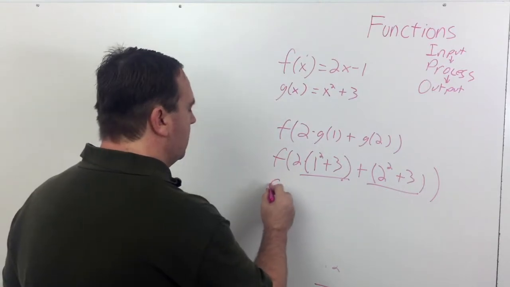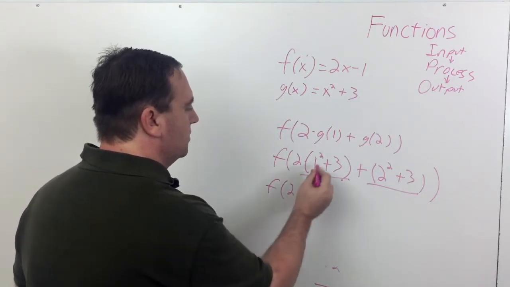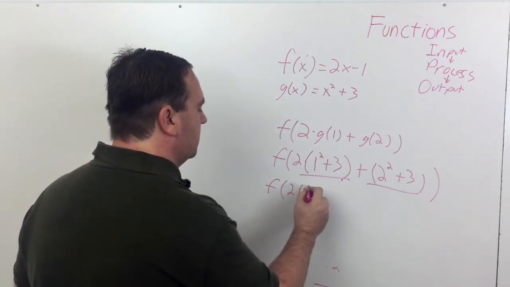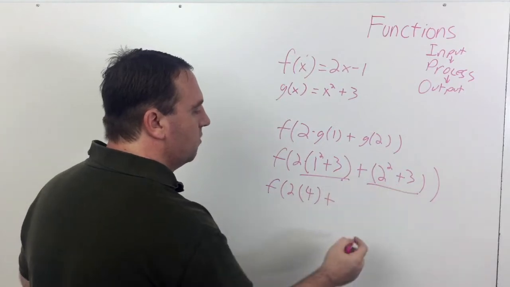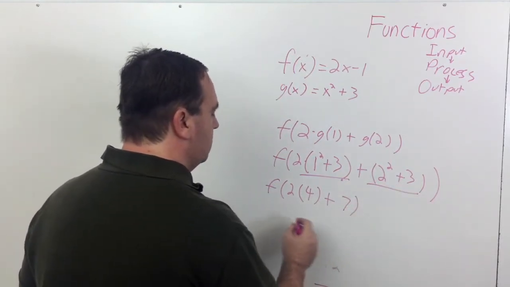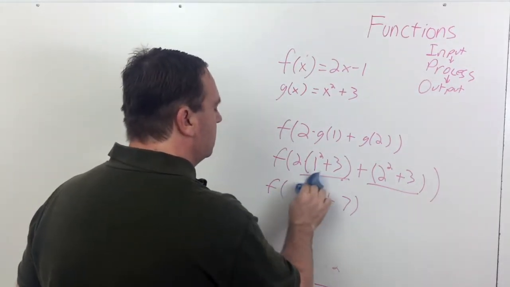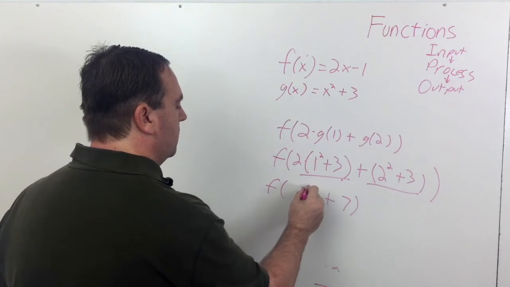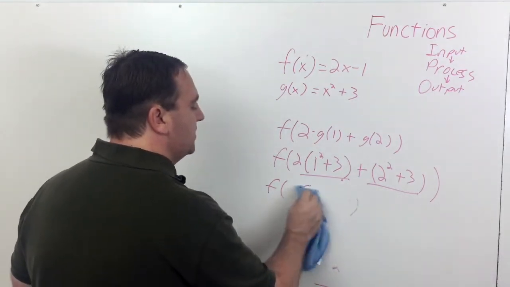So then we say f of 2 times, so 1 squared is 1 plus 3 is 4, plus 2 squared is 4 plus 3 is 7. So 2 times 4 is 8. And 8 plus 7 is 15.